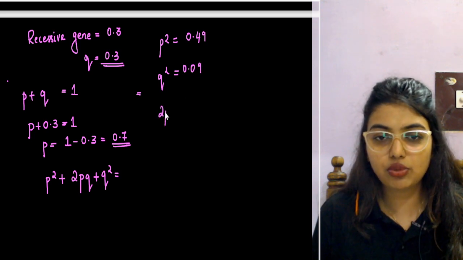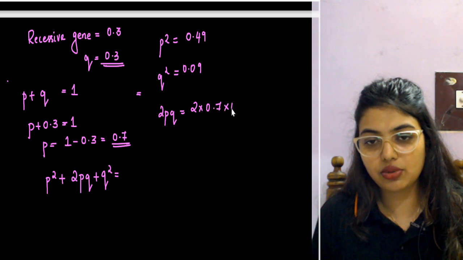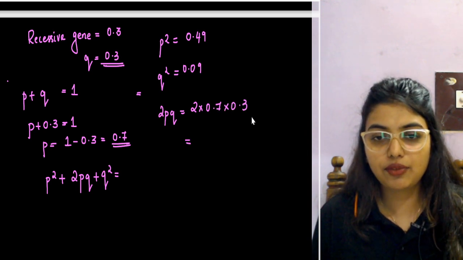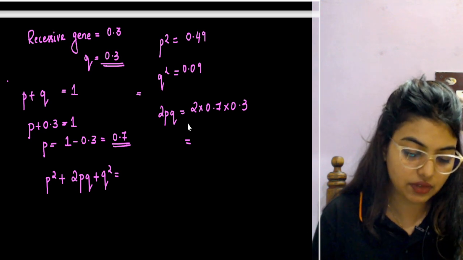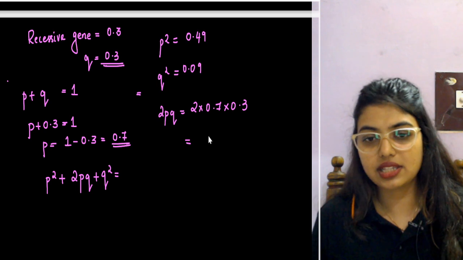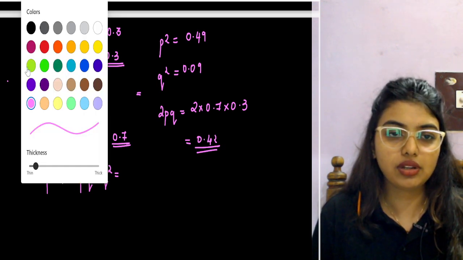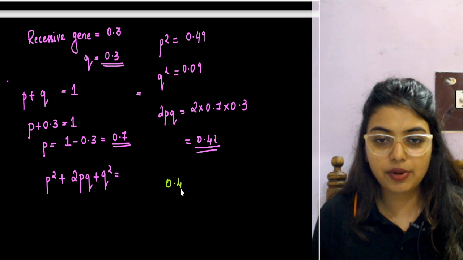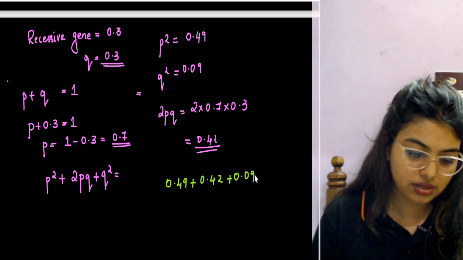Now how do you find 2pq? 2 into 0.7 into 0.3, that is going to be 0.42. But still we will cross check. I don't trust my maths at all. Yes, 0.42. So if I have to find the total value here, how much is it going to be? 0.49 plus 0.42 plus 0.09 is equal to 1.